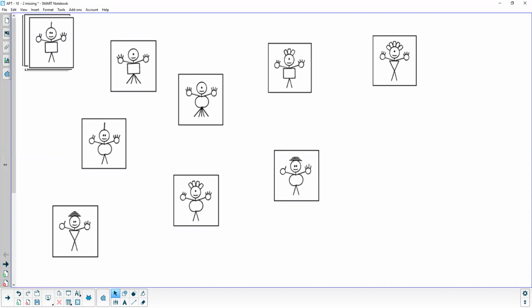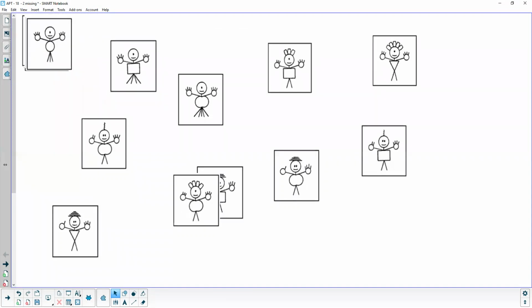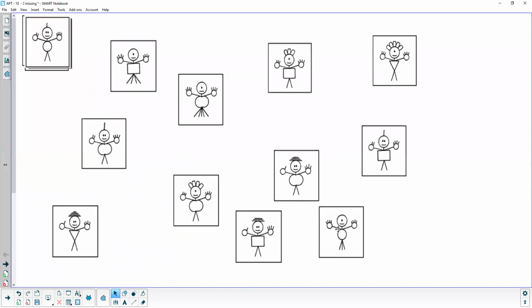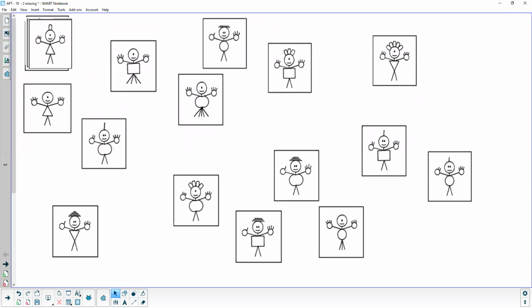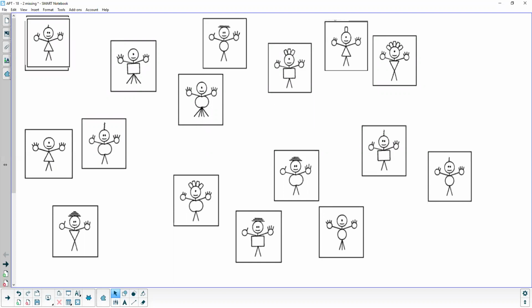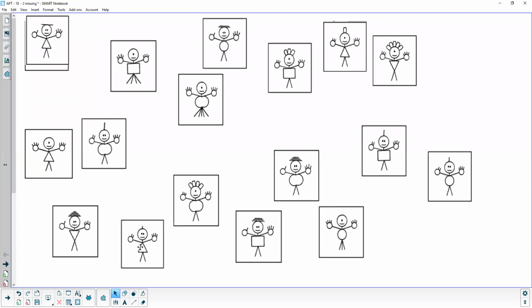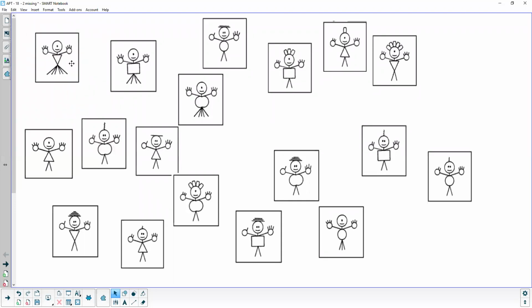There are some things you should be able to see based upon their bodies, what they've got on their head, their legs. Let's see, we've got 18 here. Let's check. 1, 2, 3, 4, 5, 6, 7, 8, 9, 10, 11, 12, 13, 14, 15, 16, 17, 18. Fantastic.